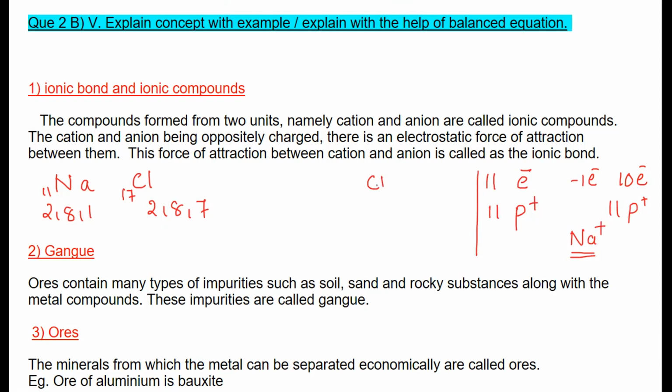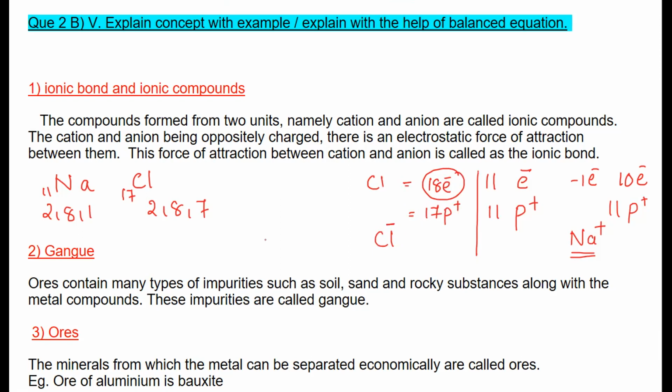Chlorine now has 18 electrons, but the proton number is 17 only. So one negative charge is more, and chlorine gets a negative charge. Negatively charged ions are known as anions.